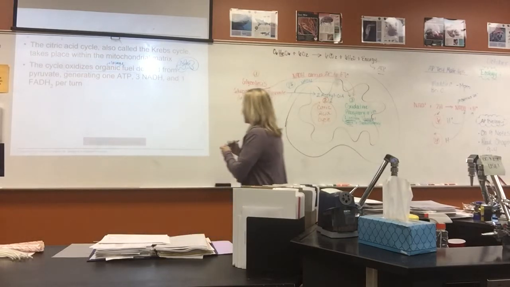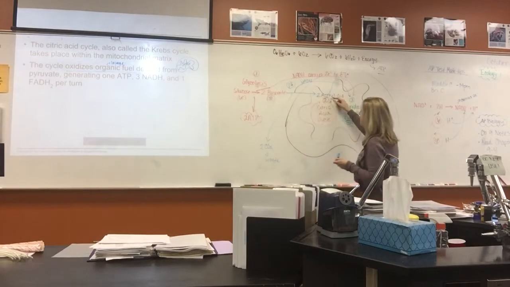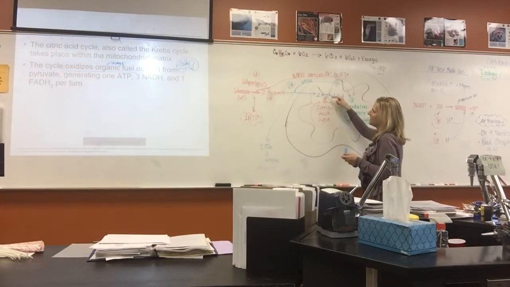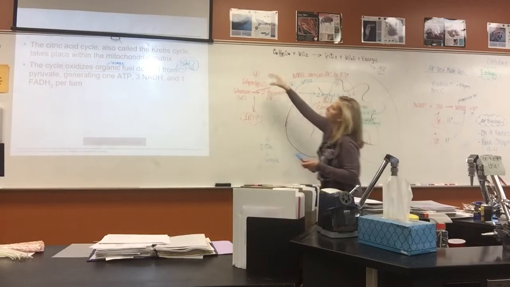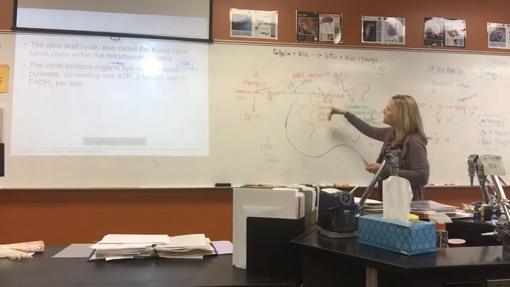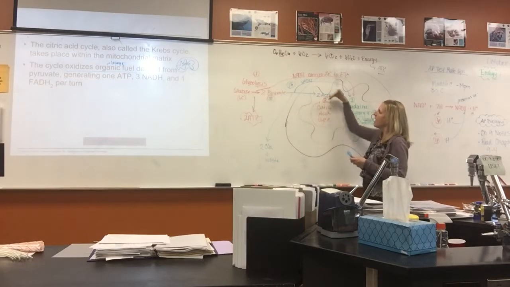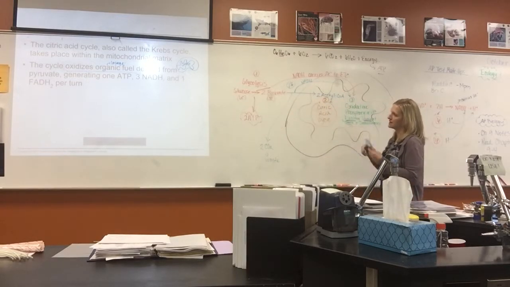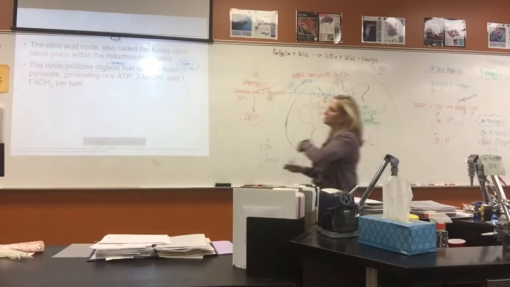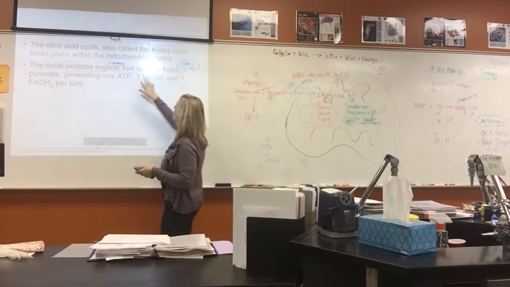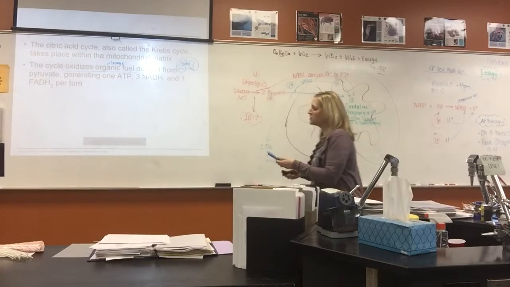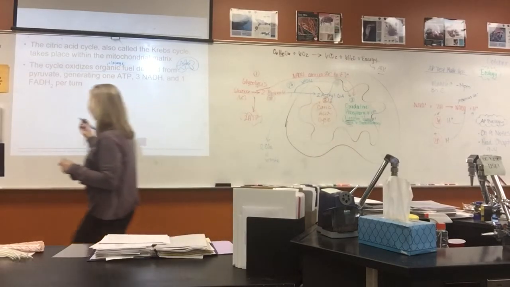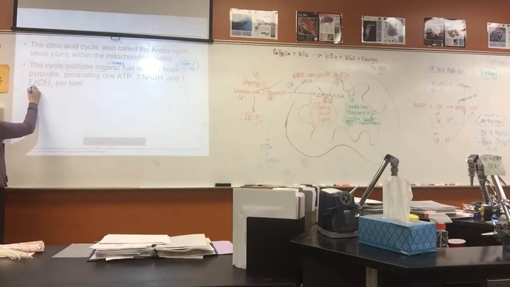So what is the fuel? What enters the citric acid cycle? It's acetyl-CoA. The acetyl-CoA was once pyruvate, which was once part of glucose. And so what we're doing is further taking electrons off of these molecules that were once part of glucose. So we're further oxidizing them, and this is what we get, all right? We get a little bit of ATP, some NADH, and a new molecule here, FADH2. FADH2 we're going to see is very similar to NADH. This is also an electron carrier.